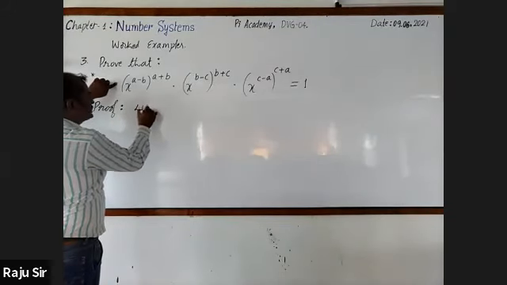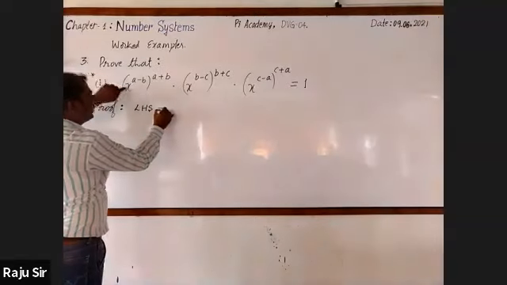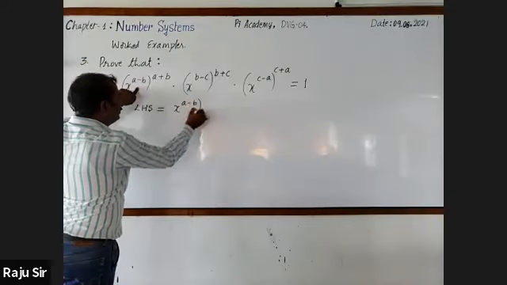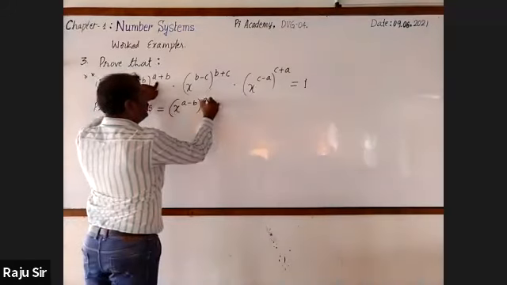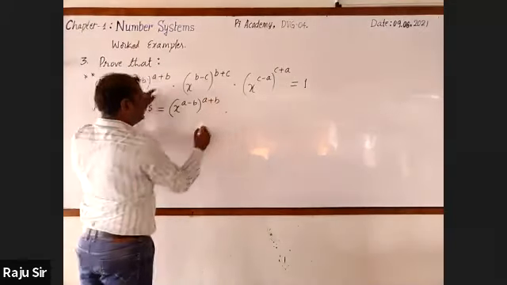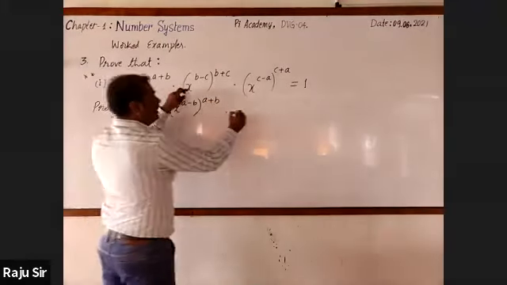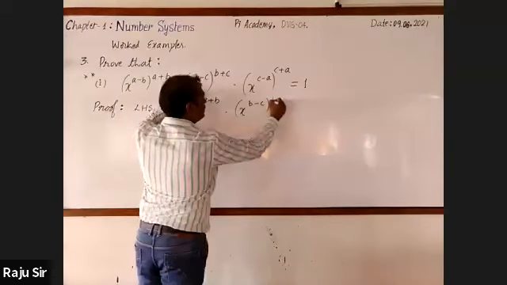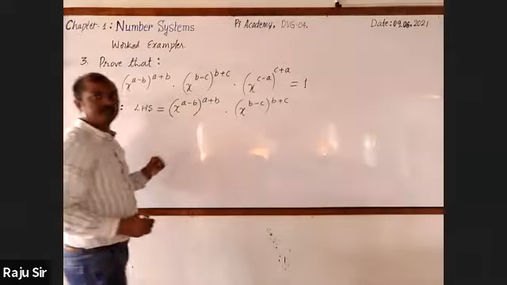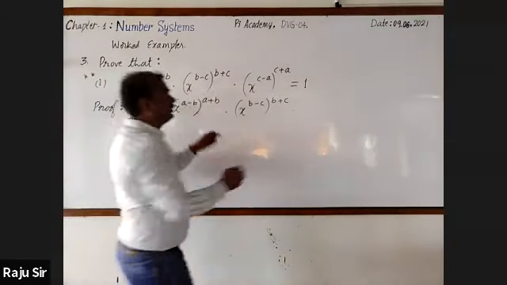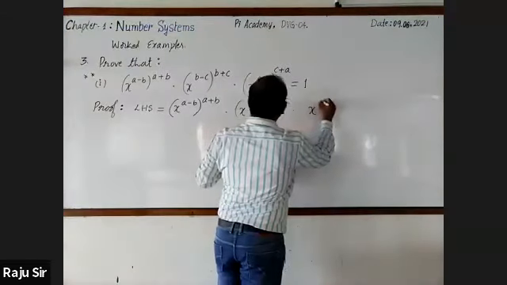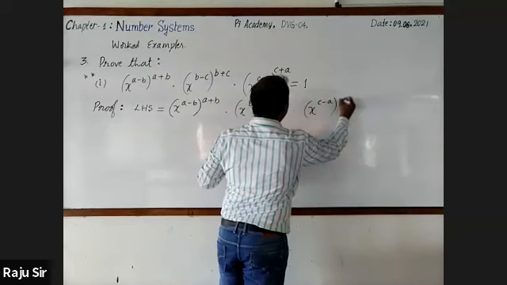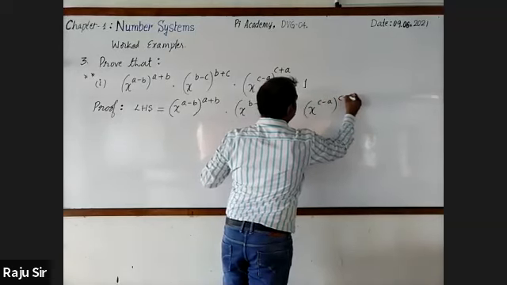Left hand side, that is LHS, is equal to x raised to the power a minus b, whole raised to the power a plus b, into x raised to the power b minus c, whole raised to the power b plus c, into x raised to the power c minus a, whole raised to the power c plus a.